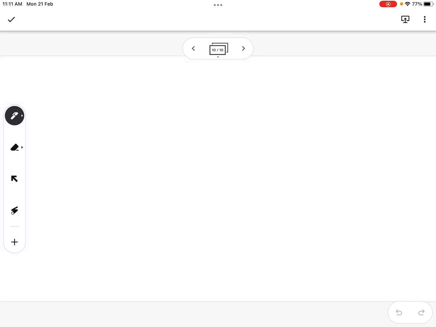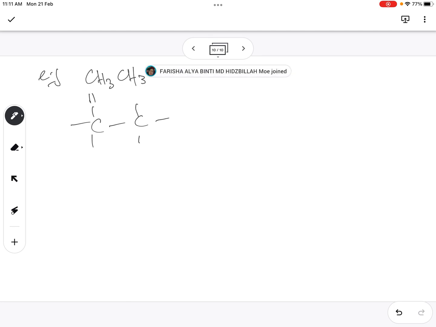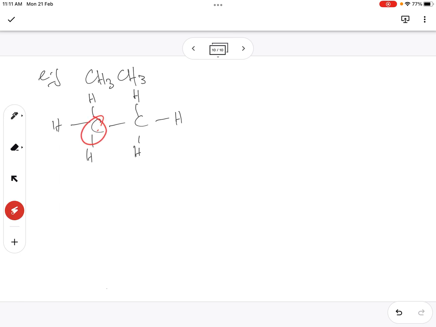Another example, we take CH3, hydrogen. So you can see here, this carbon and this carbon are the same.